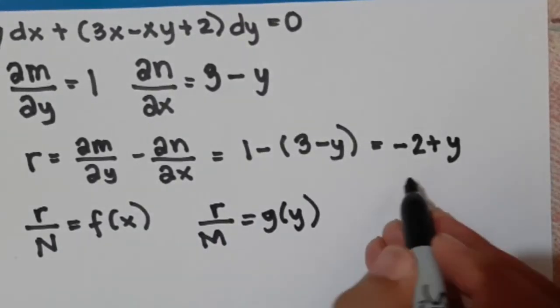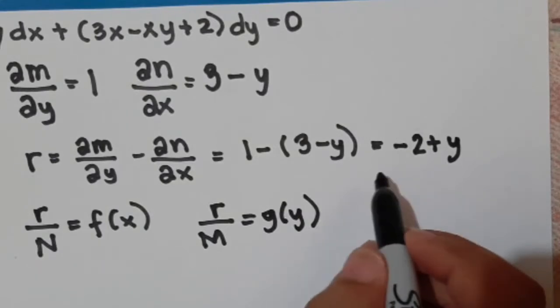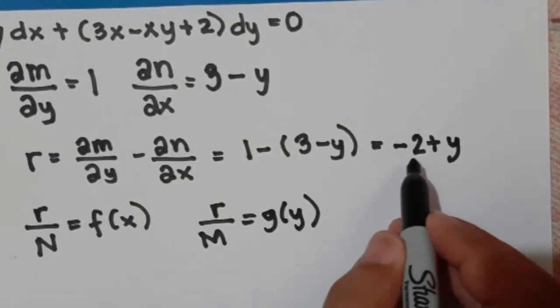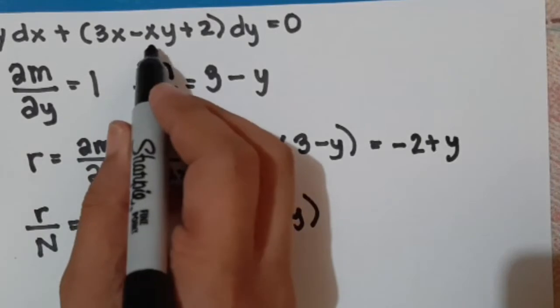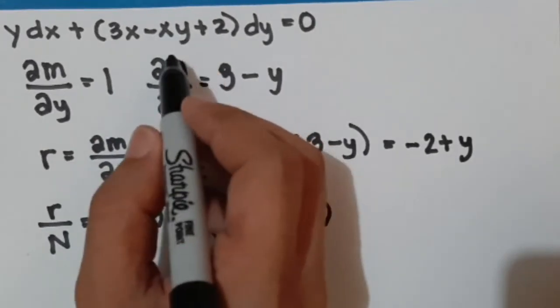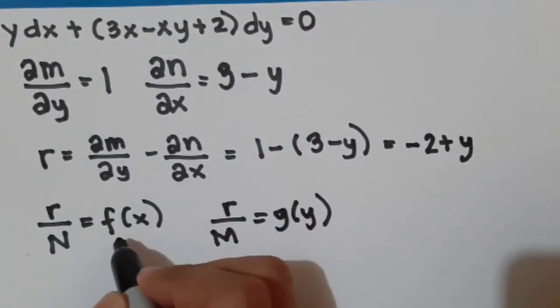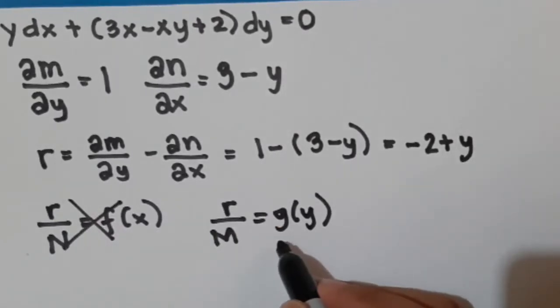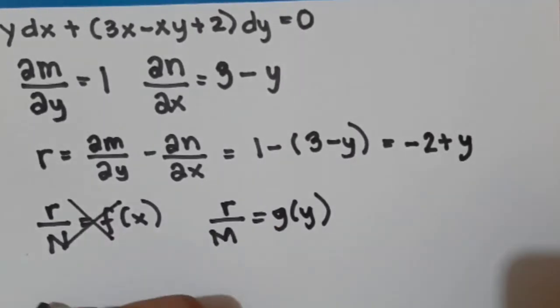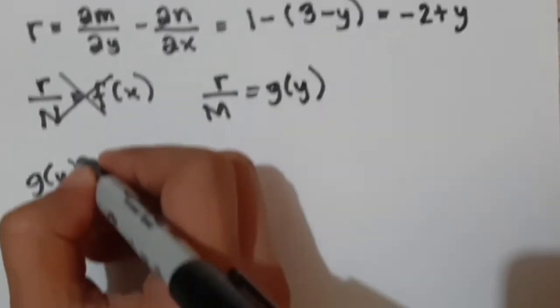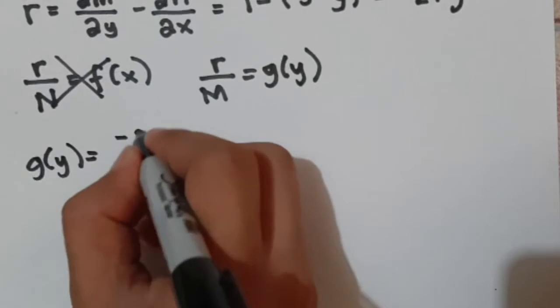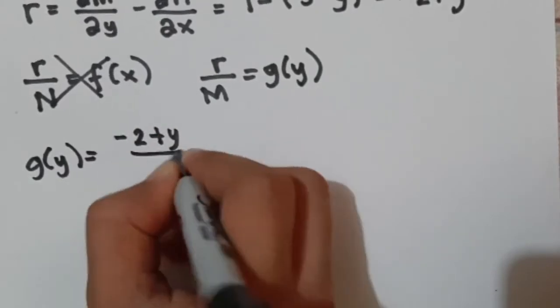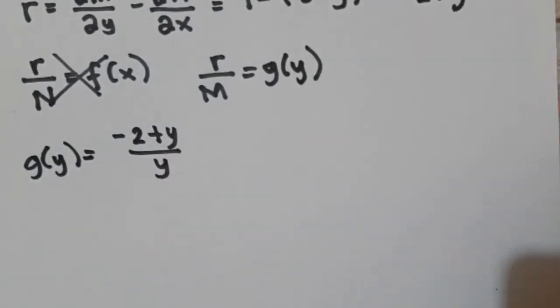So we observe the equation. If our R, negative 2 plus y, is divided by N, obviously it does not result in a function of x alone. Then we check the second term, negative 2 plus y divided by M, which is y, that is a function of y alone.